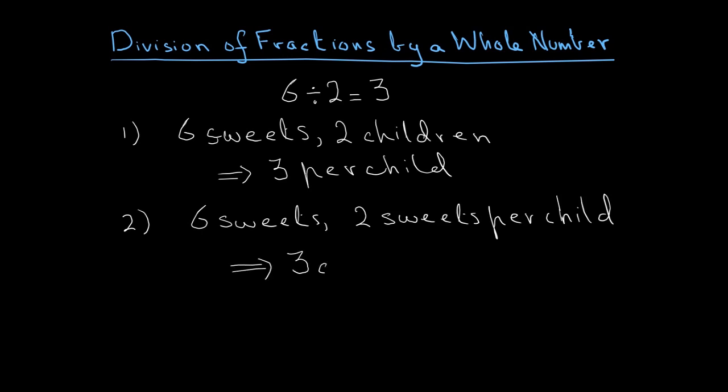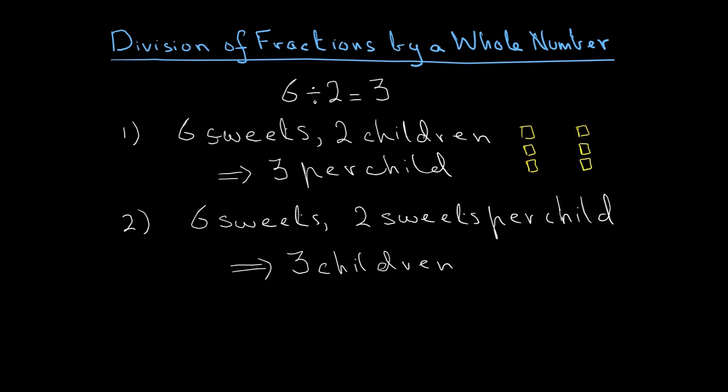3 children. Okay. Now the picture that goes with it is slightly different, because if you have 2 children, then what you're thinking about is you have 6 sweets and you break up the sweets so each child gets 3 sweets.